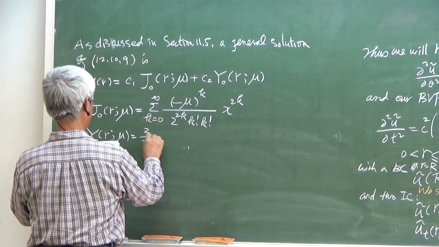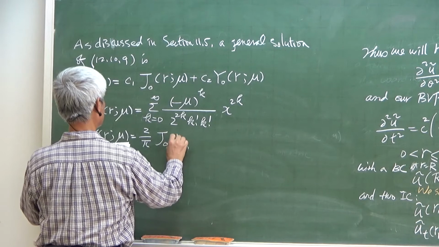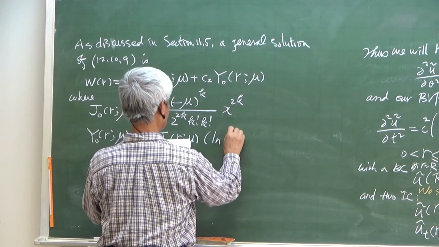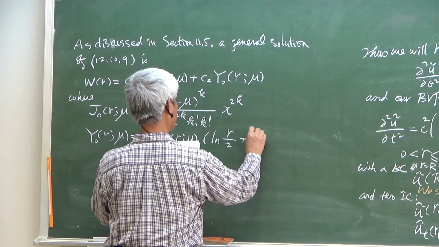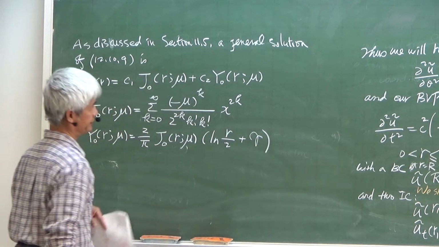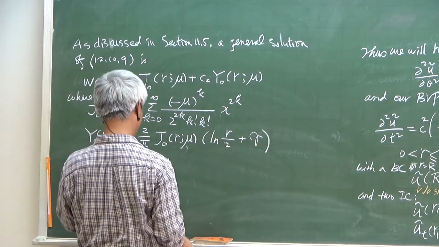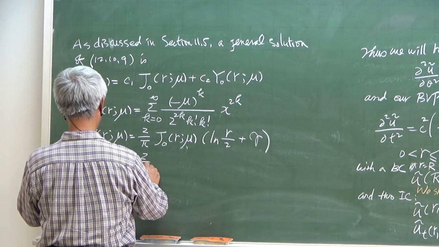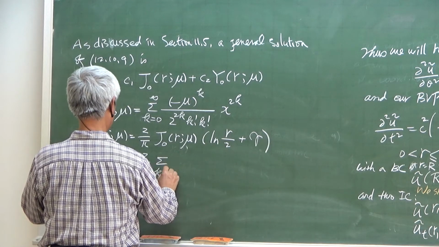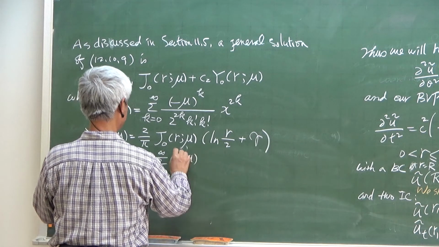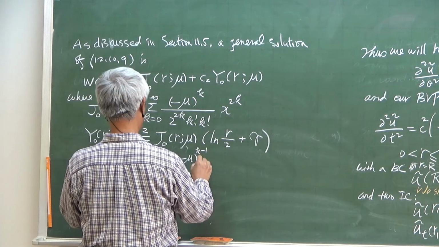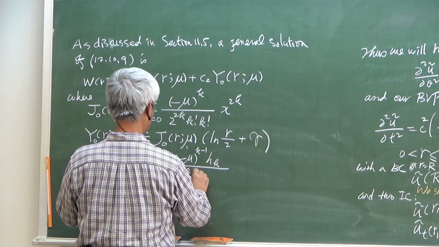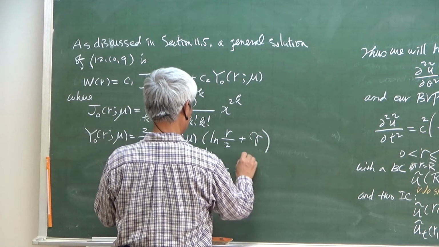And what is Y0? Y0 is 2 divided by pi, J0 times log of (R sqrt(mu) divided by 2) plus gamma. Okay, so this is gamma, it is not R, it's gamma. This is our constant. Minus the sum of (-mu)^k, (k minus 1), h_k, over 2 to the 2k, k factorial squared, R to the 2k.